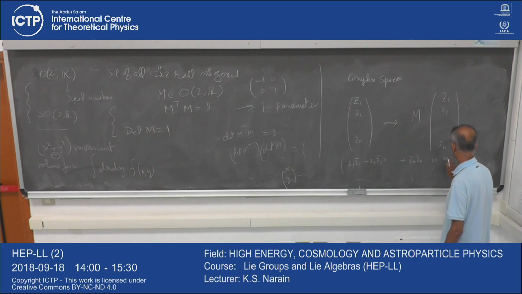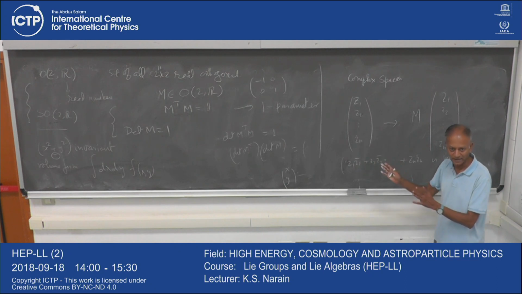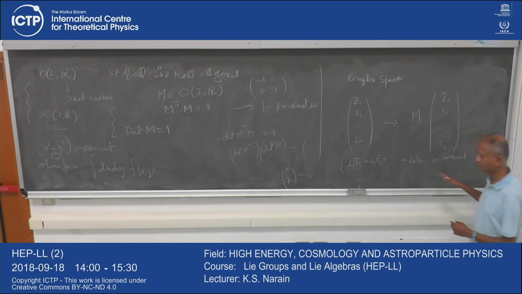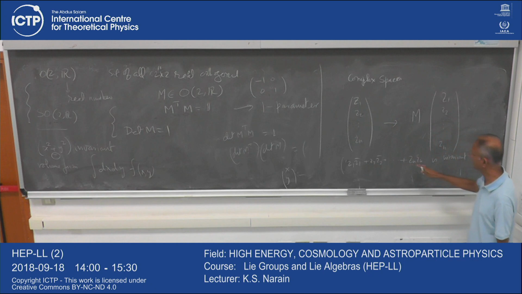For complex spaces, that's the way you define the metric: the complex number times its complex conjugate. That is the length square. So this will be the generalization of that. You want to consider all the transformations which leave this length square invariant.